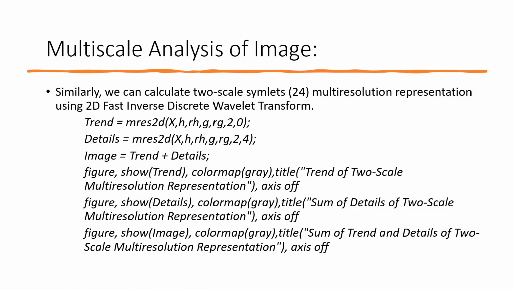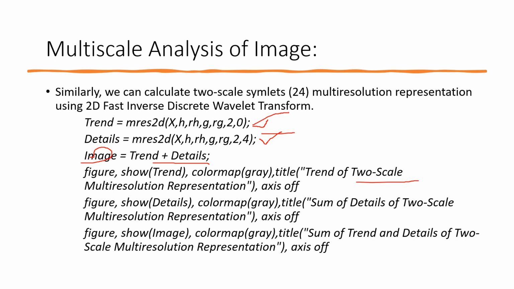So to find the multi-scale analysis of an image, we are going to find the trend, then find the details, and by using the trends and details we are going to get back our original image. Except here we are doing it for a two scale multi-resolution representation, which implies that by having a two scale trend and two scale detail, we get an image that is nothing but the trend of one scale.